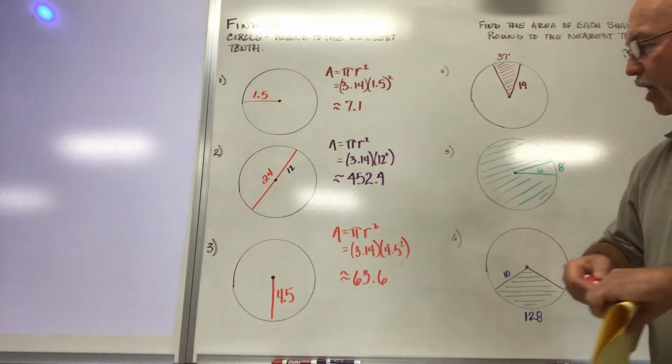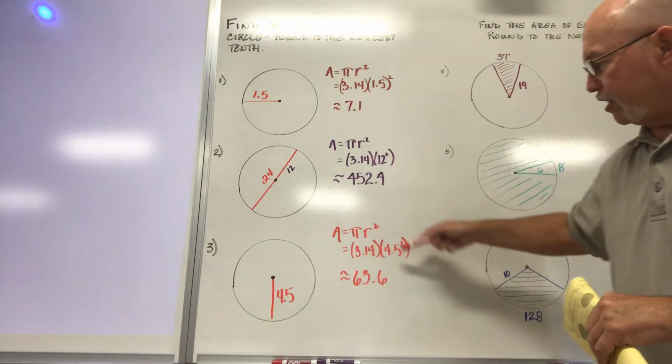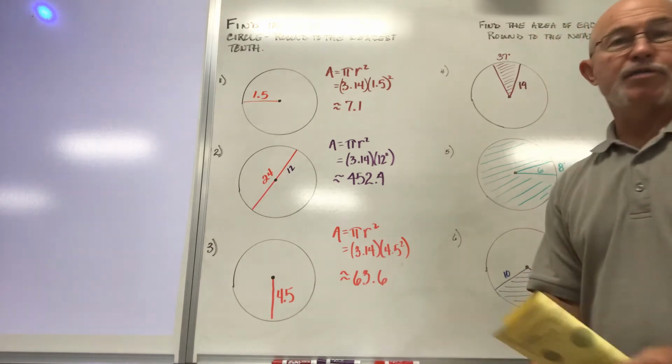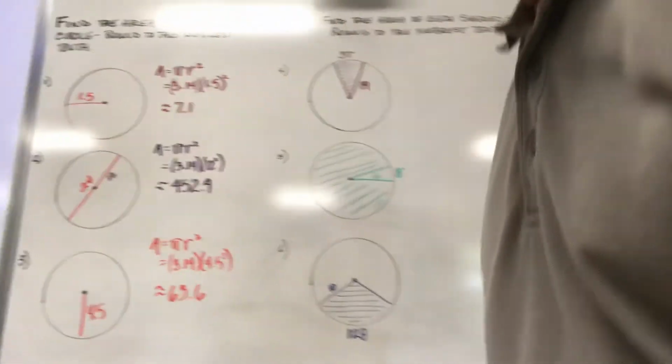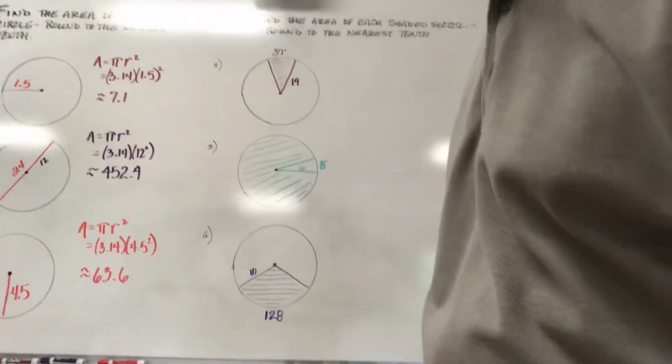Pi times the radius squared, approximately 63.6. Really pretty simple calculations there.